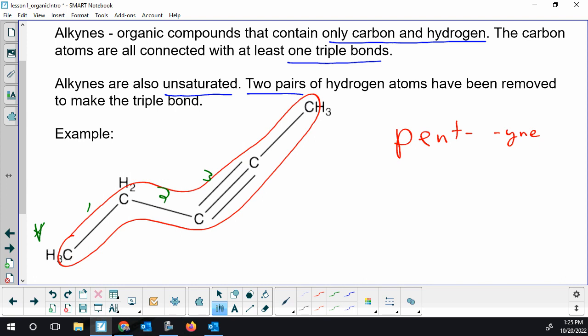So calling this pent-3-yne would be incorrect. It would be one of the distractors, the wrong answers on an exam. So we have that number 3 in our head, but this is the short way. That's the first carbon-carbon bond, that's the second. So that's the correct end that we have to count from. So this is pent-2-yne.